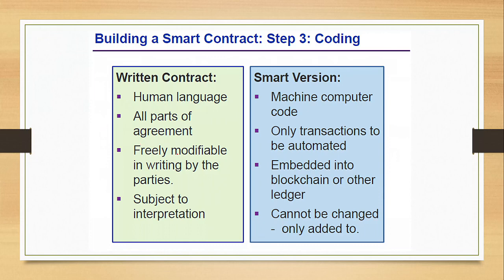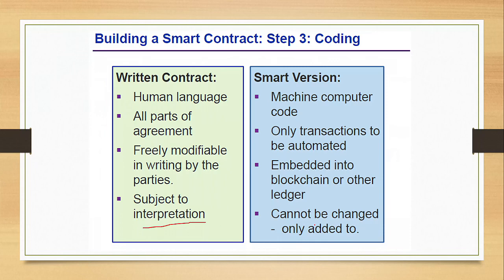They are freely modifiable in writing. You can see what you have written. Before you append maybe the legal entity, you can always modify, and then this one can be embedded into a block. This written contract is subject to interpretation for it to make sense.